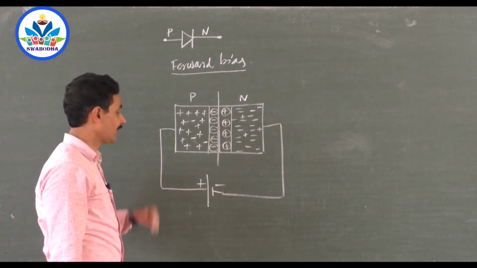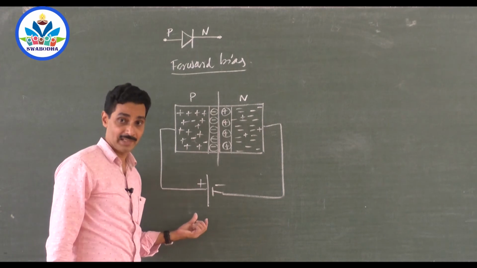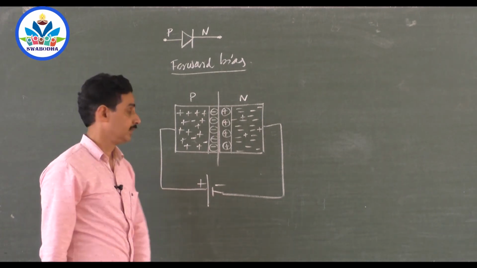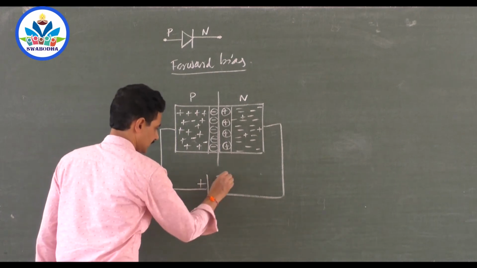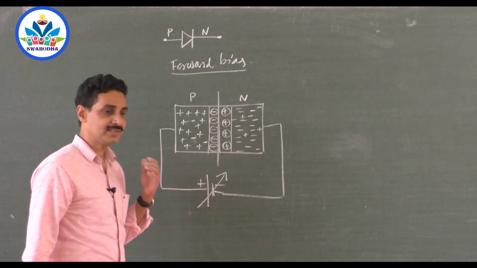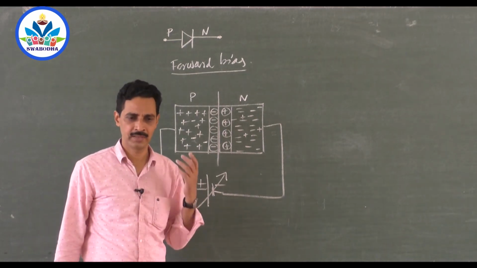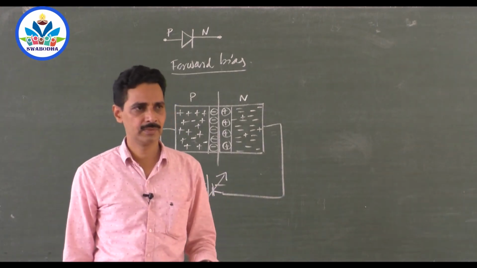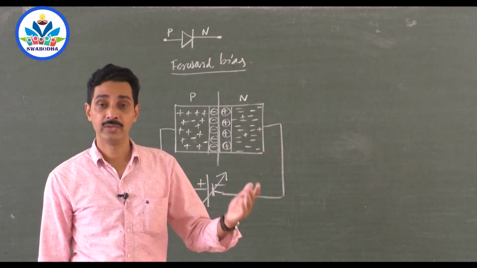Now what happens here? Select a battery such that you can change the potential difference across it. This is how we show it. If you purchase a battery from your shop, for example a dry cell battery, Nippo battery or Eveready battery, it will be fixed at 1.5 volt, 5 volt or 9 volt.